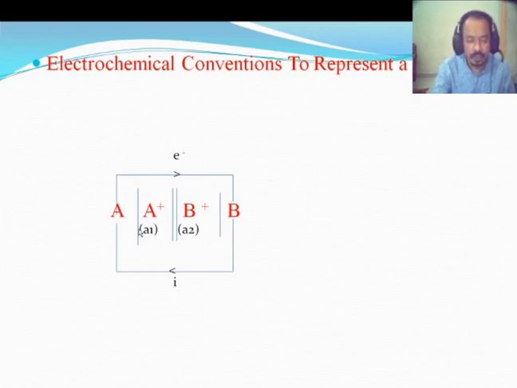Now the concentration of the solution is written in brackets. When a gas electrode is there, at that time the gas pressure is to be written in atmospheres, and for electrical contact platinum metal is used.